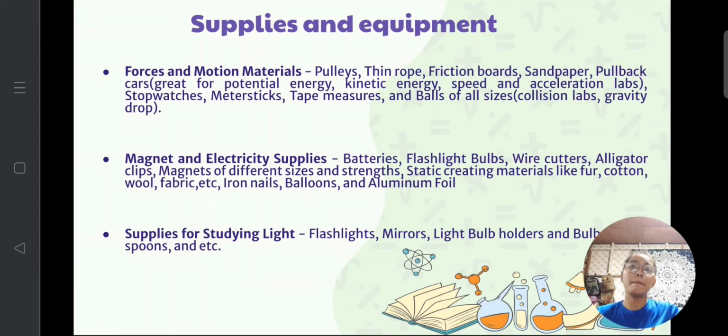And next is the magnet and electricity supplies. Students love playing with the properties of magnets and learning about the different types of circuits of electricity.